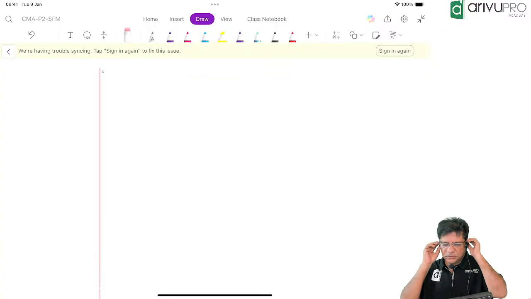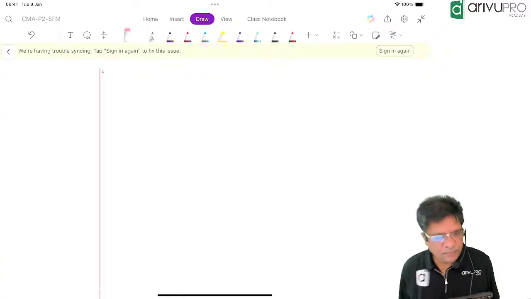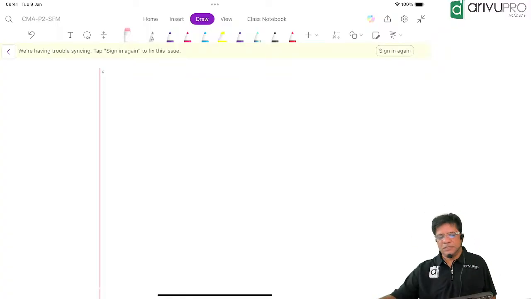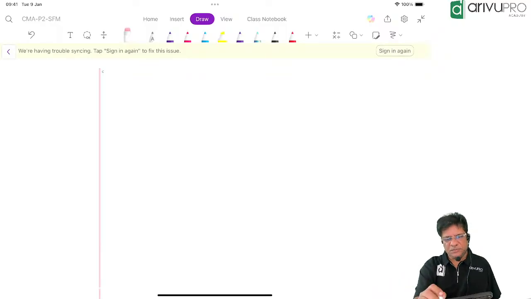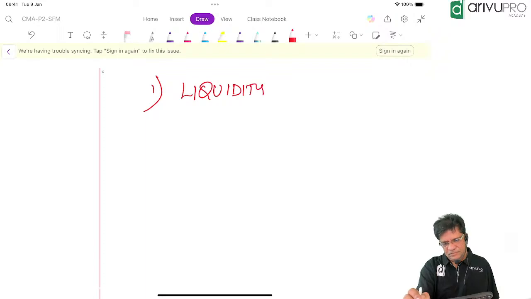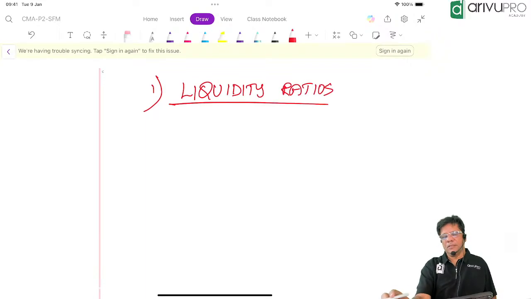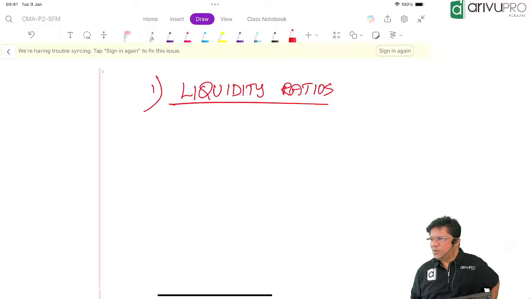Okay, start. So we are going to start ratio analysis. In that, first one is liquidity ratios. But before that, what is a ratio? When we talk about ratio, what is it?